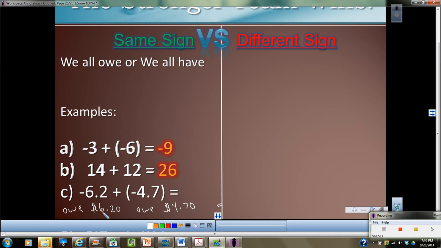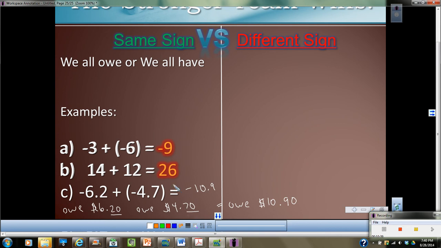So let's just deal with the dollars. If I owe $6 and I owe another friend $4, that means I owe $10. And then let's do the cents. I owe 20 cents and I owe 70 cents. That means I owe 90 cents. So altogether my answer will be I owe negative $10.9.